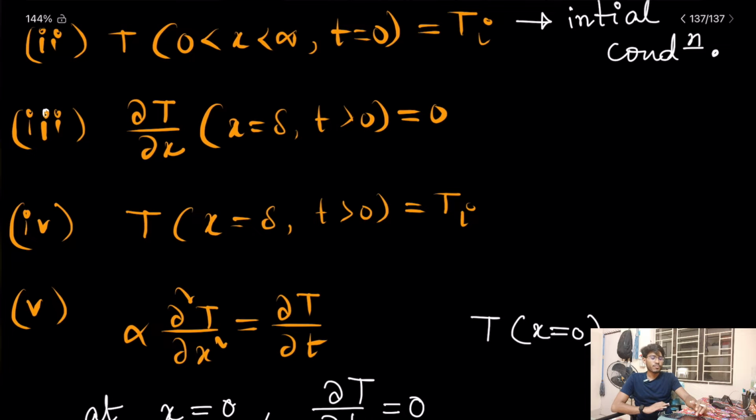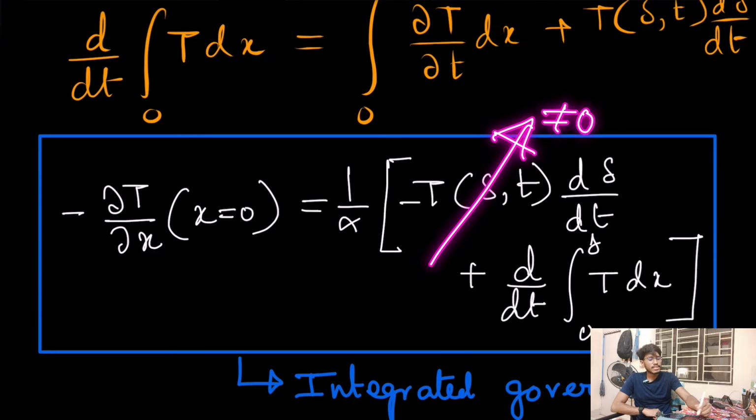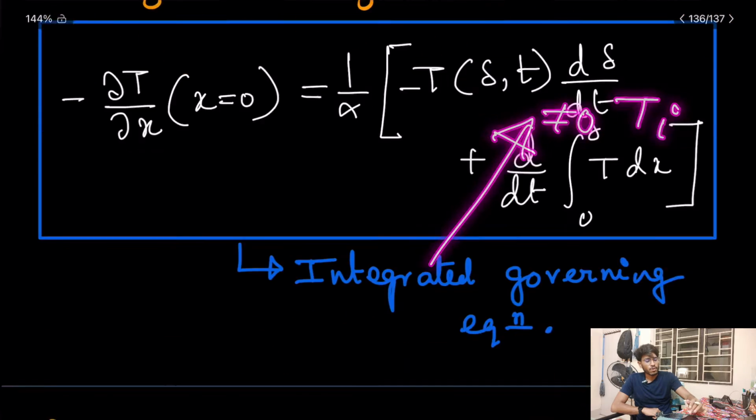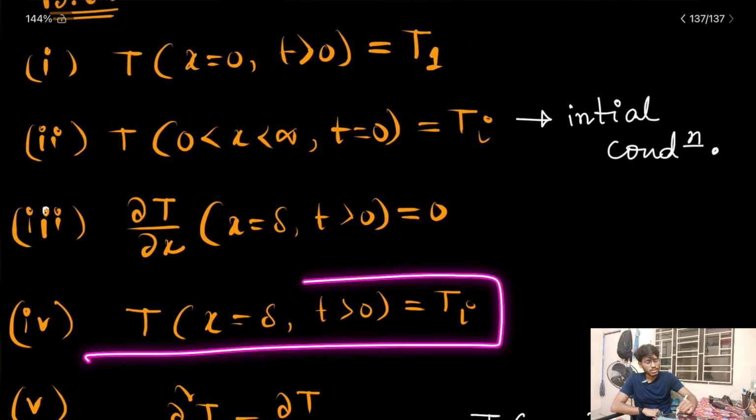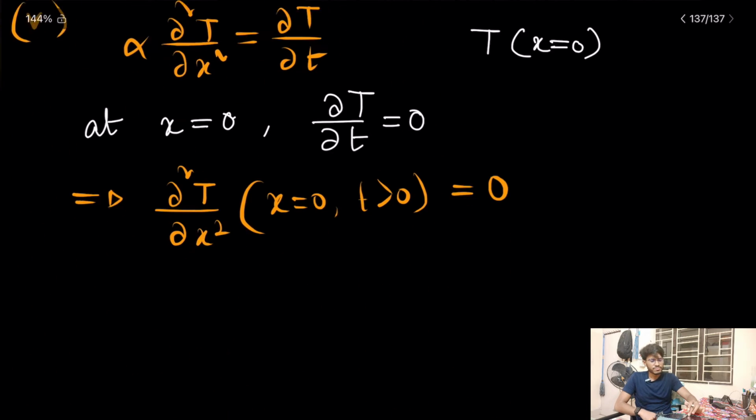So you see that here this thing is not equal to 0. This thing is equal to Ti from this boundary condition. But I have already told you, you have to define your dimensionless variables in such a manner that your problem gets simplified in the simplest manner possible.